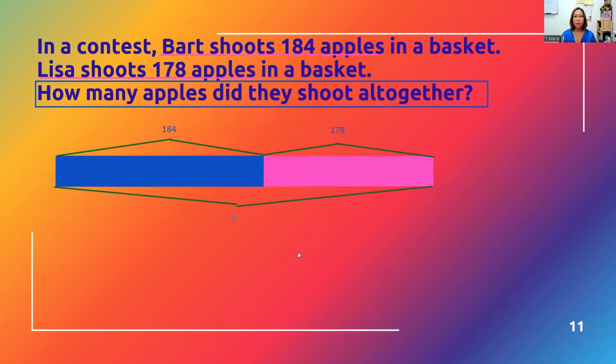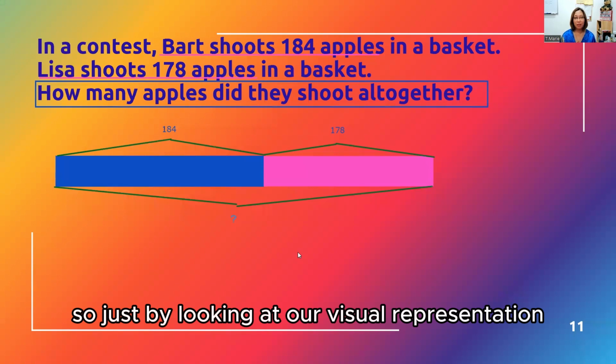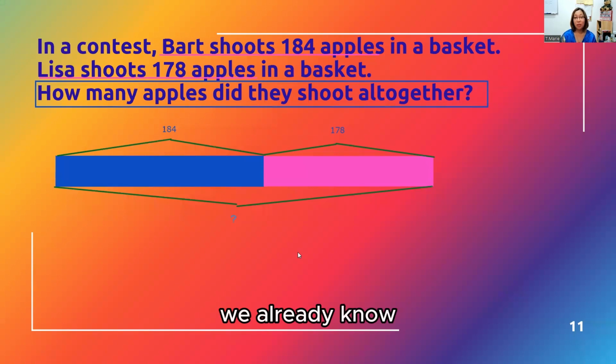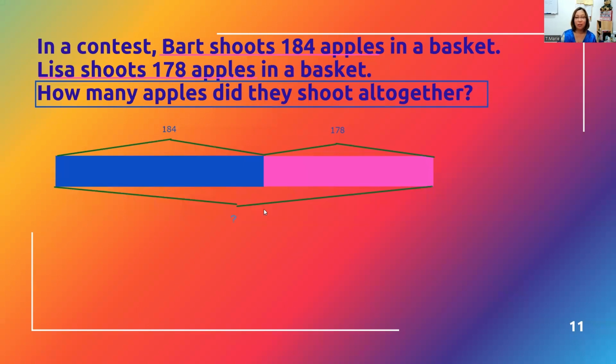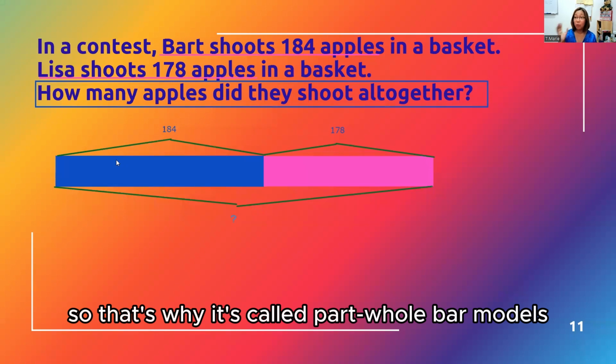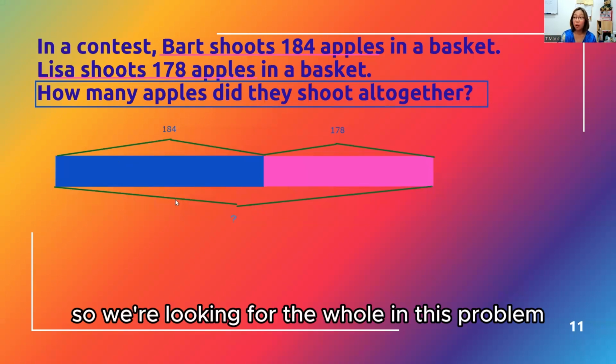Here we go. So just by looking at our visual representation, we already know we want to find out their sum or their total or the whole. So that's why it's called part-whole bar model. So we're looking for the whole in this problem.